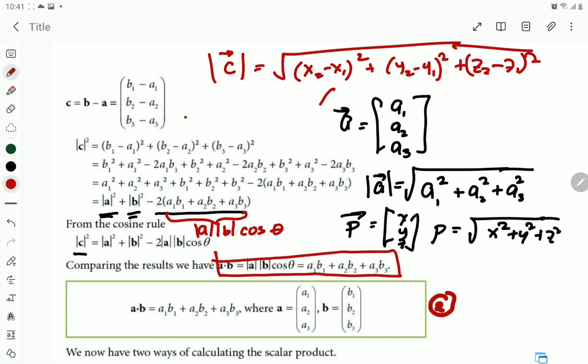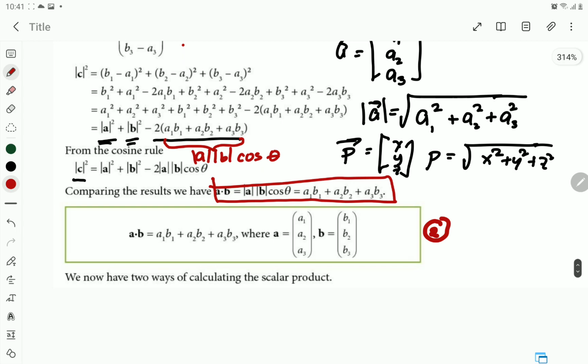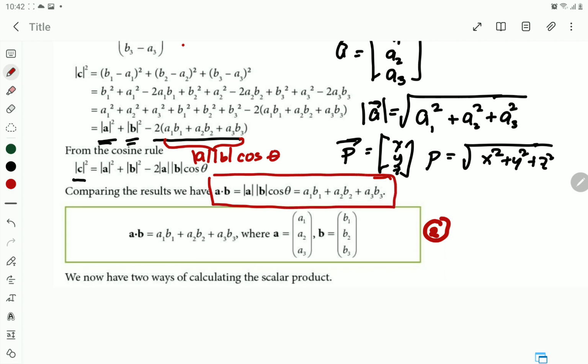Okay? Guys, I told you to remember the 2. I told you to remember the 1. But the one that will really help you is to remember this part. Okay? You need to remember this one because this is the key to answer many problems in your examination.